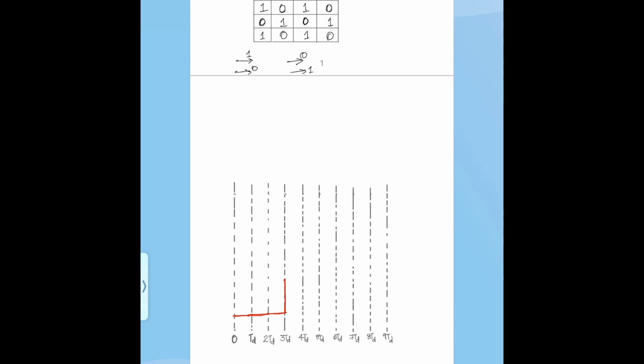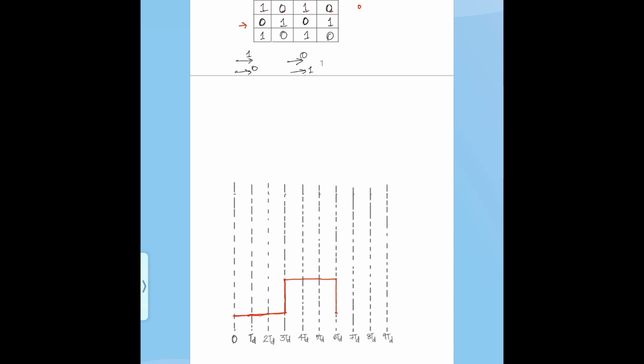Okay. And after 4 Td, that is in the next cycle, here we got 1, and then 0, 1 and 0. But the output after 6 Td is 0. So after 4 Td, 5 Td, after 6 Td, it became 0. And again, after 6 Td, we reached this cycle.